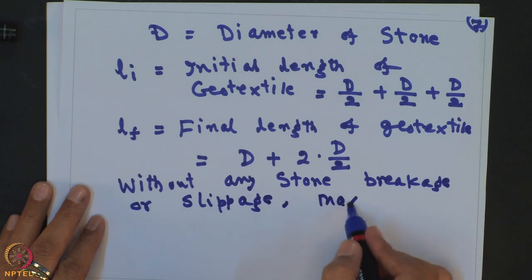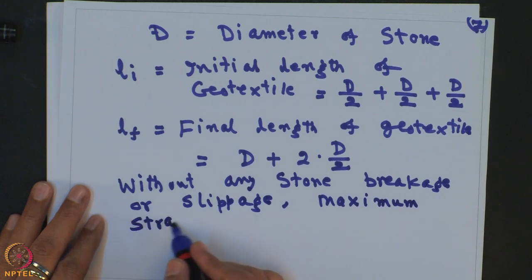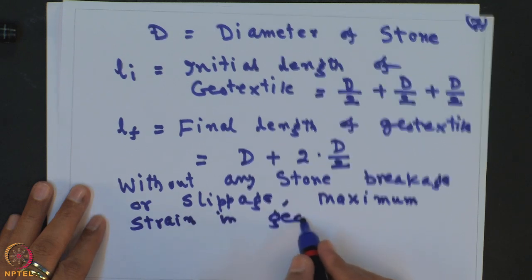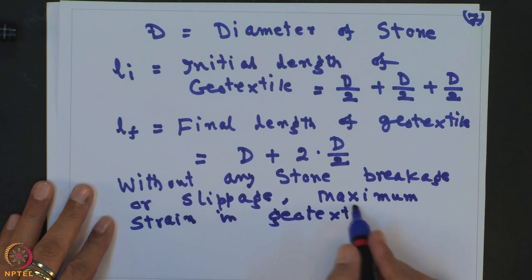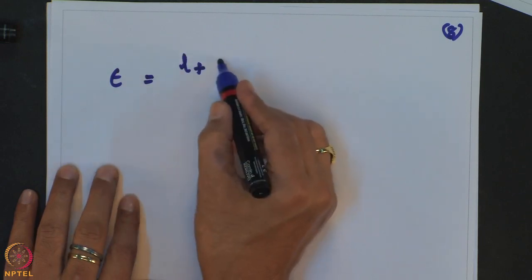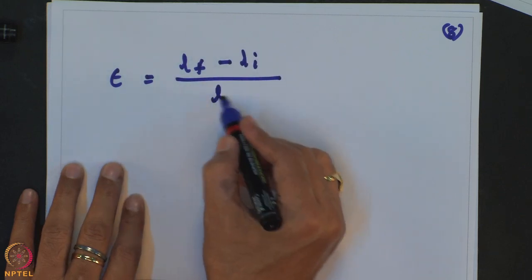the maximum strain in geotextile can be expressed as follows. The maximum strain epsilon is equal to the final length minus the initial length, divided by the initial length.